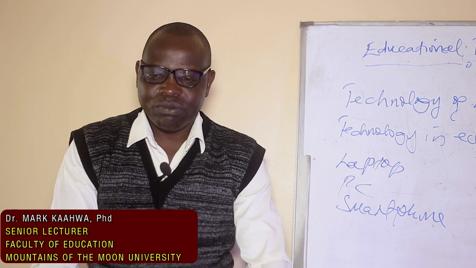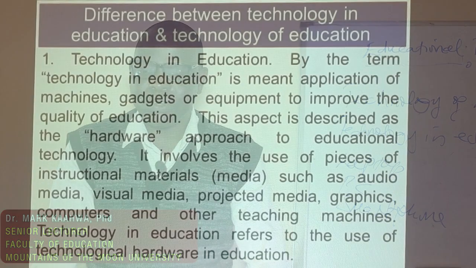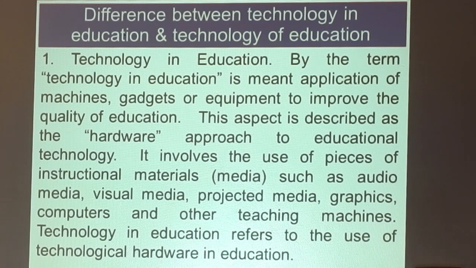So as we go on, we look at examples of educational technology. Of course, you have the audio media, you have the visual media, and then you have the audio-visual. We shall look at them.